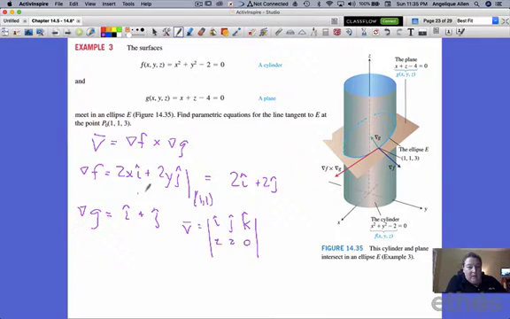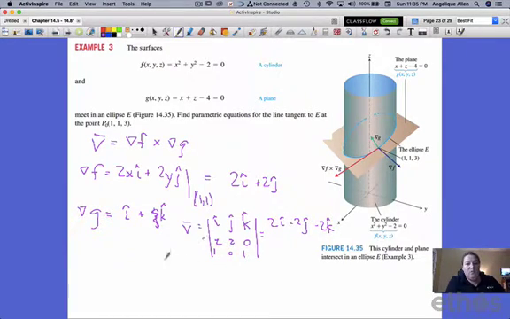I really should have put a k here because we took the derivative with respect to y and got 0, with respect to z and got 1, so this should be a k. So this vector is going to be (1, 0, 1). To save time, so you don't have to watch me go through this, this comes out to be 2i minus 2j minus 2k. I know these videos are long. I'm doing what I can to shorten them.